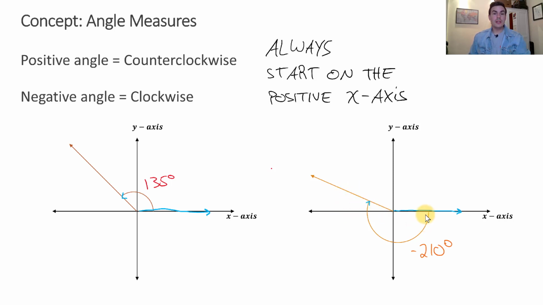So if I go negative 210 degrees from the positive x-axis, what angle am I creating with the nearest horizontal axis? Well, from horizontal axis to horizontal axis, I have 180 degrees, so this angle here would be 30 degrees.